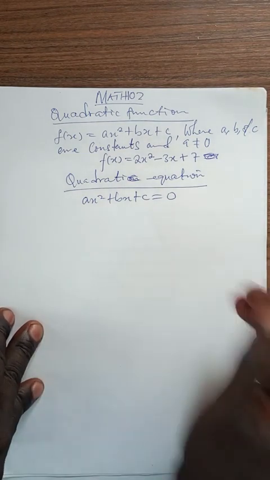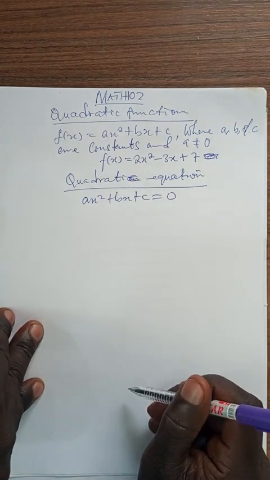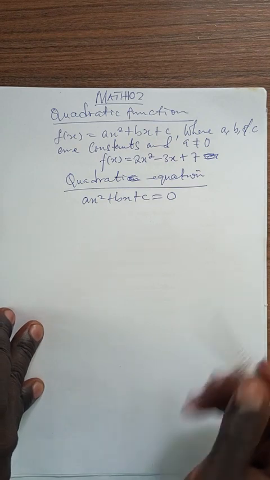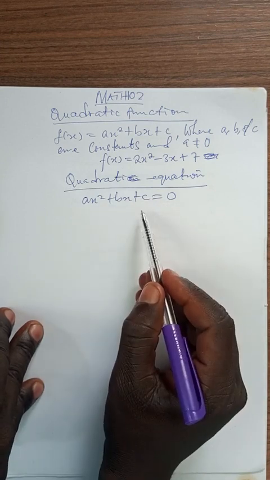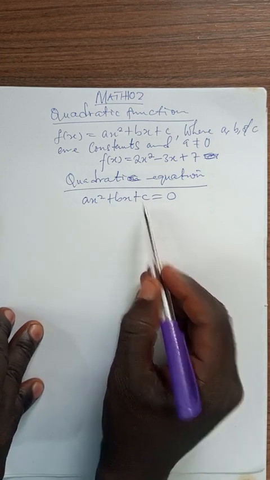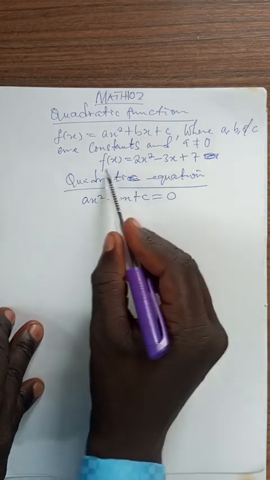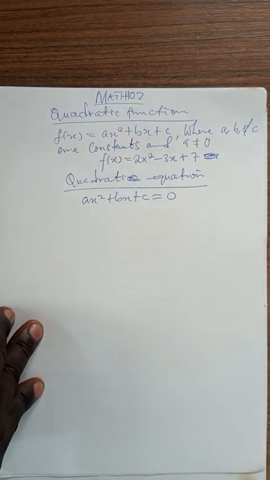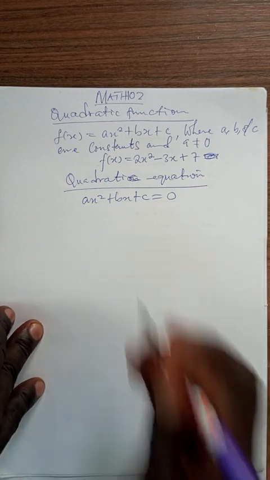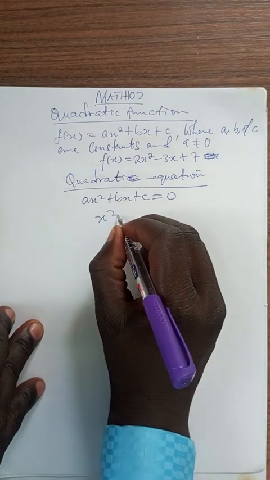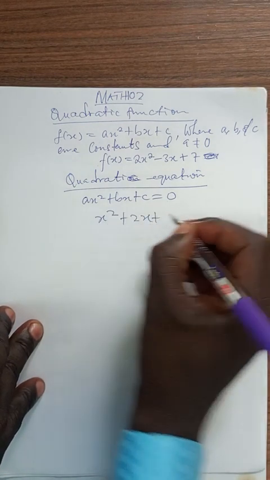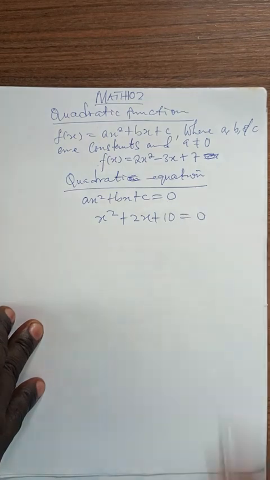So the difference between a quadratic function and a quadratic equation is that if f of x is equal to 0 in a quadratic function, then you have a quadratic equation. An example of a quadratic equation is x squared plus 2x plus 10 is equal to 0. This is a quadratic function. This is a quadratic equation.